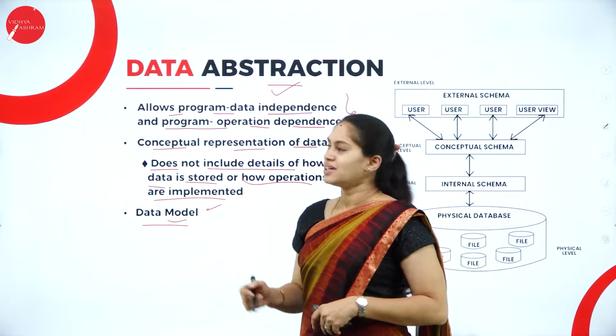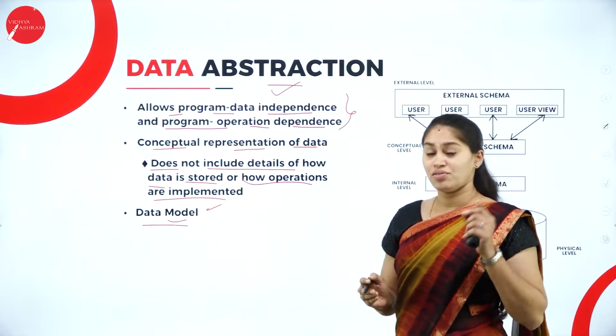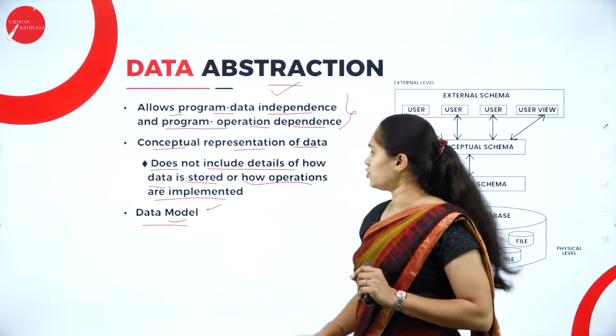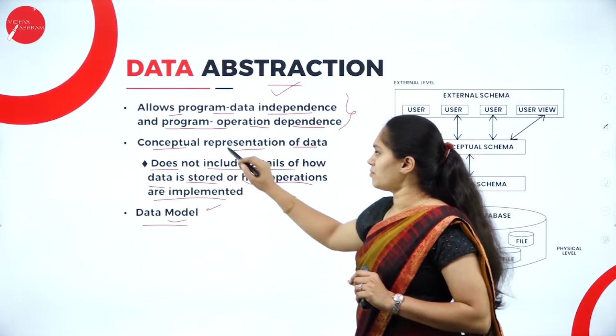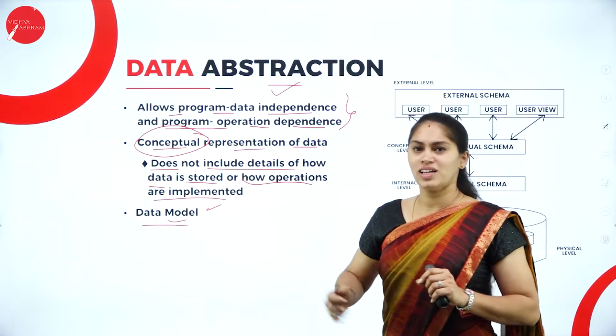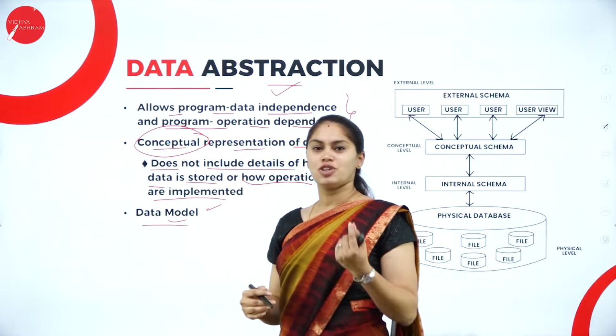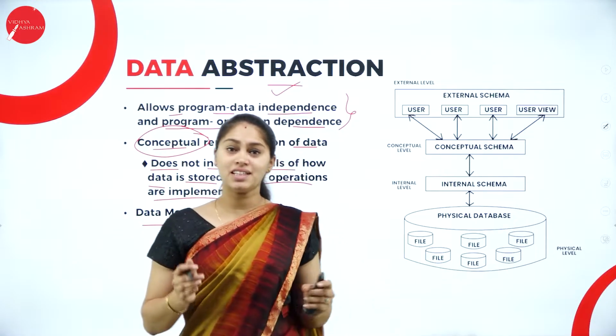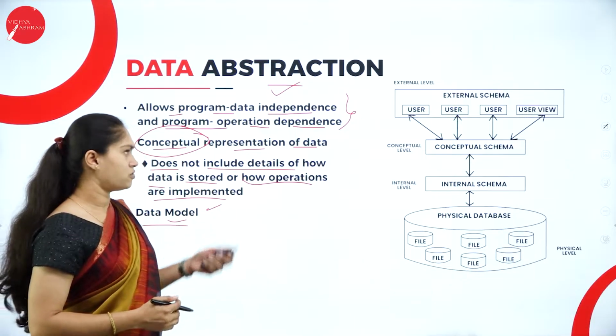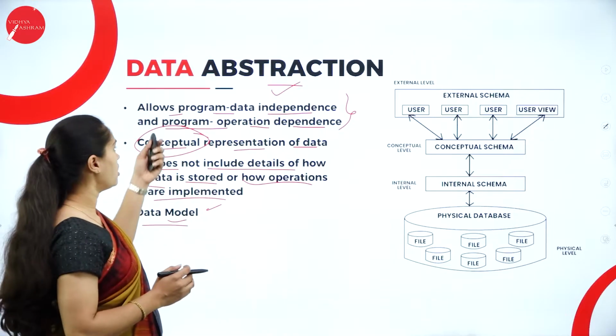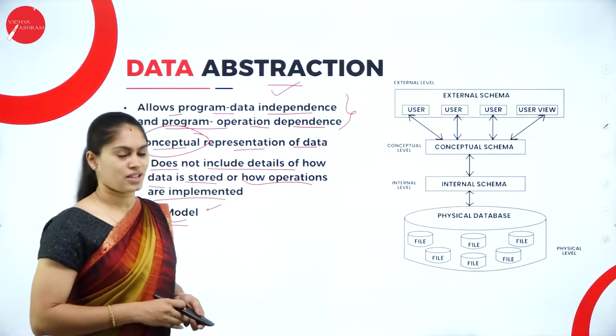That also comes under data abstraction. If we have data abstraction, then we have to follow this conceptualization method. We are not going to bother how it is working internally. Instead, we only focus on how I can get benefit out of that database. That is also one of the characteristics of a database.